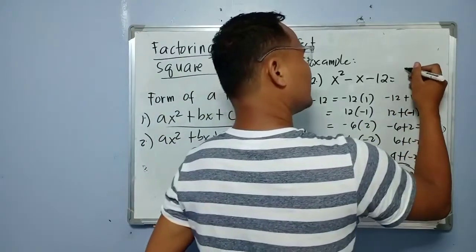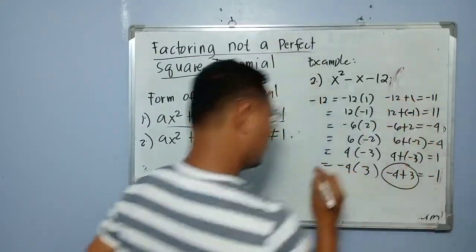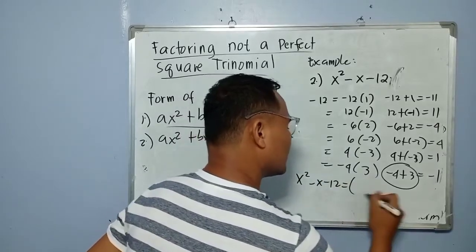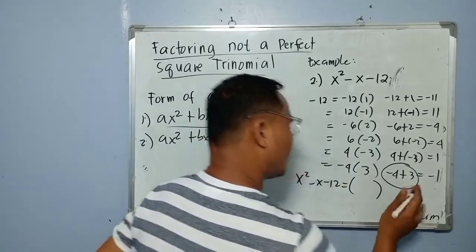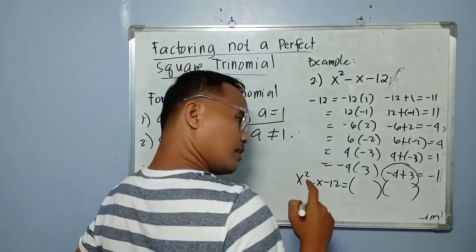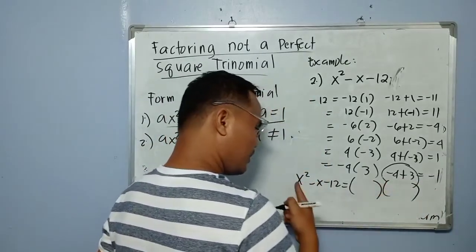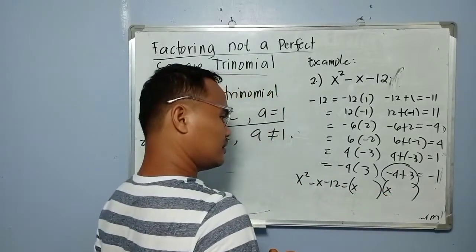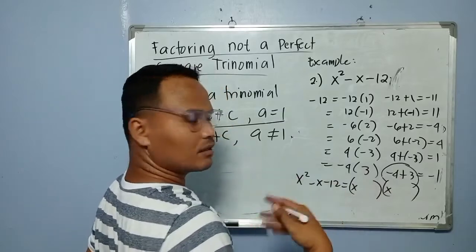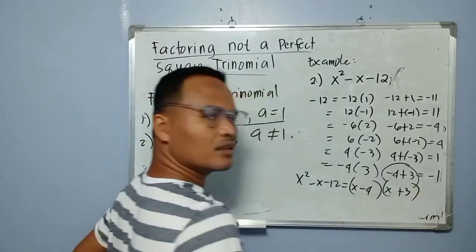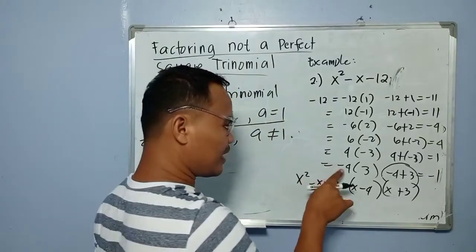So, you can now write the factors of x squared minus x minus 12 by creating two parentheses. Then factor out the first term, that is x times x. Then write the factors that are correct. So that's negative 4, positive 3. Do not forget the sign.